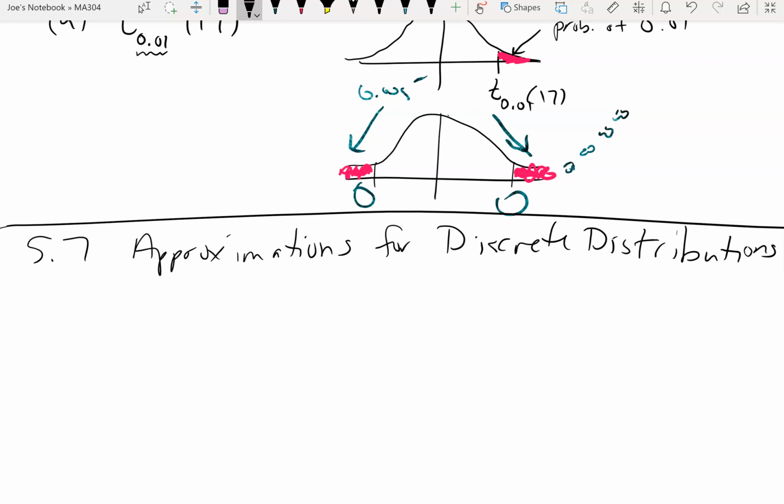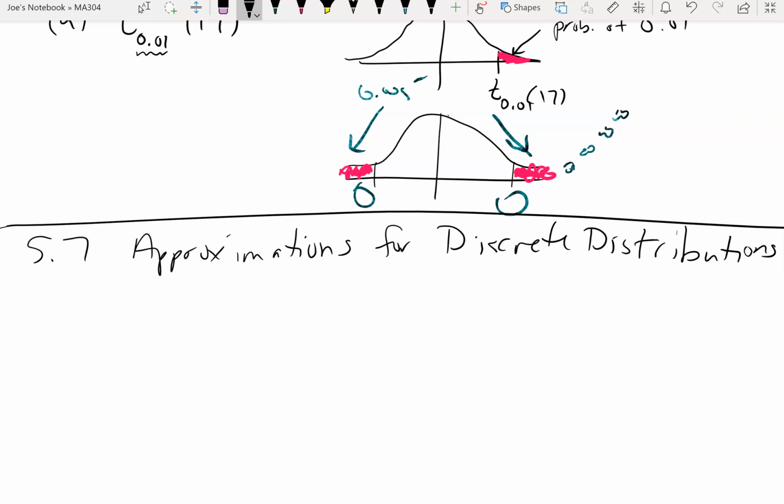For example, say you had a binomial experiment and there were 50 trials and you wanted to know the probability that you had 24 to 47 successes. That's a lot of computations, right? So what you can do instead, if you have the right setups, is use the normal distribution to approximate.